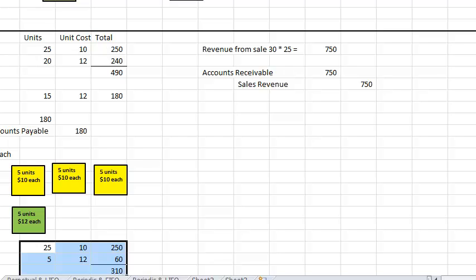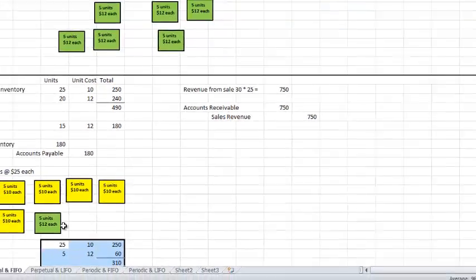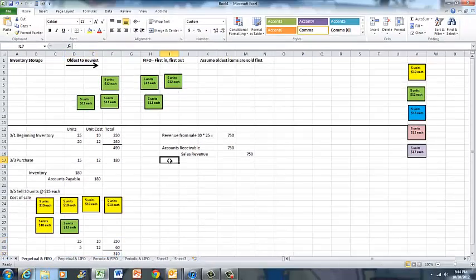Once again, we can see visually that we gave the customer 25 units that cost $10 each, and then another 5 units that cost $12 each to make up the cost of the sale. So the cost of goods sold is $310, and you can see how I took it out of the inventory, so we want to credit inventory for $310.